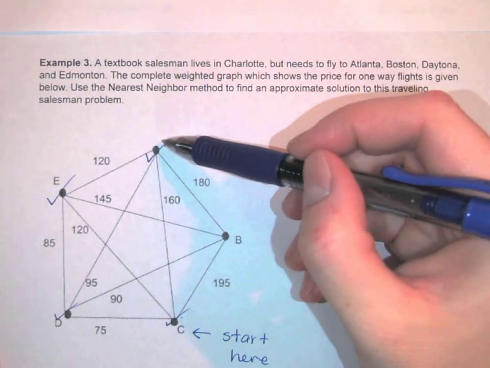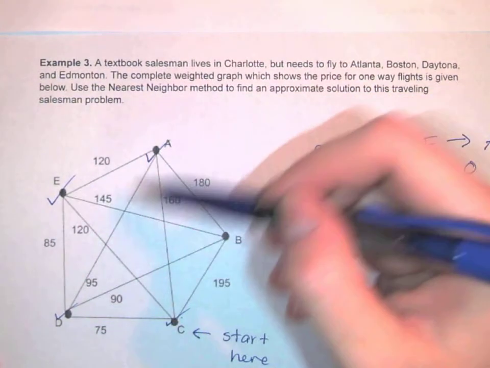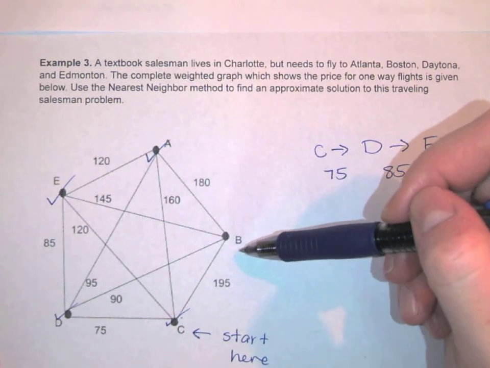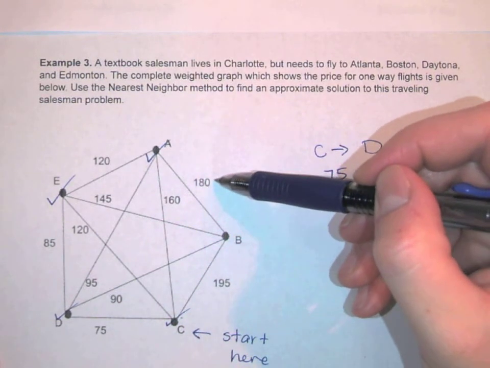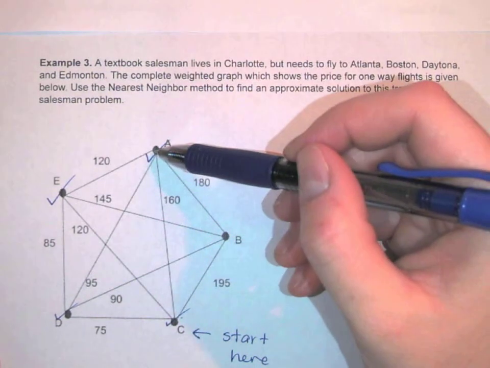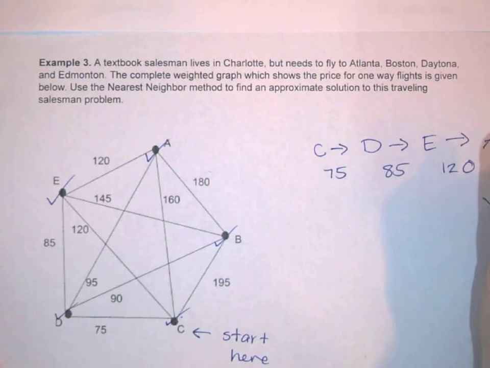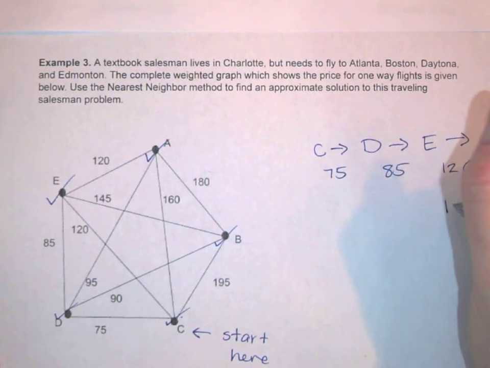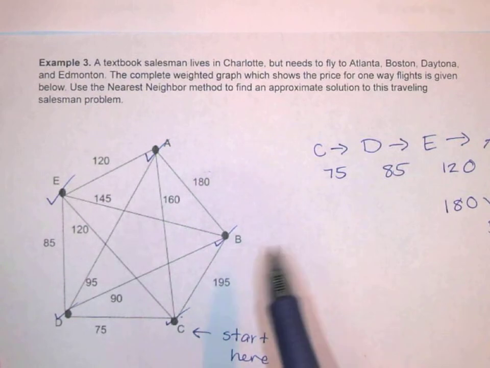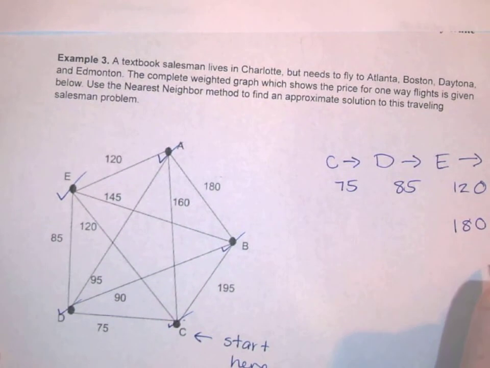Now the only place that he hasn't been yet is Boston. So even though this is one of the most expensive paths, he's just going to have to do that. And now from Boston, he needs to go back to where he started.